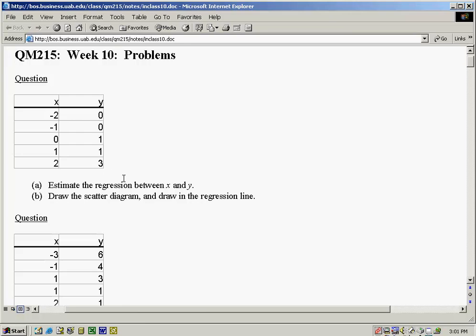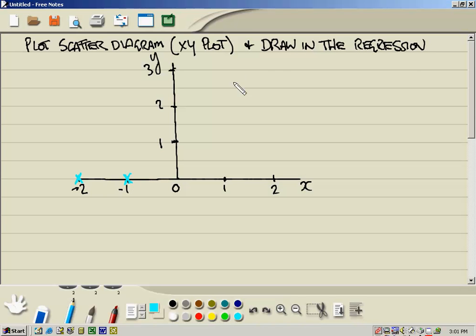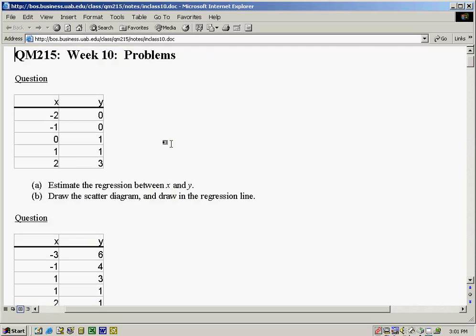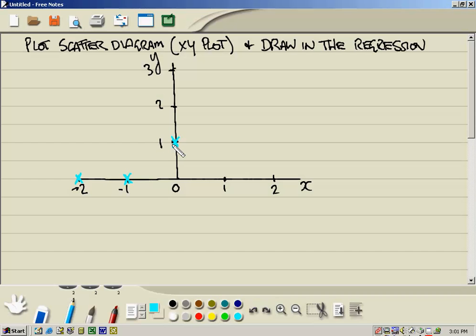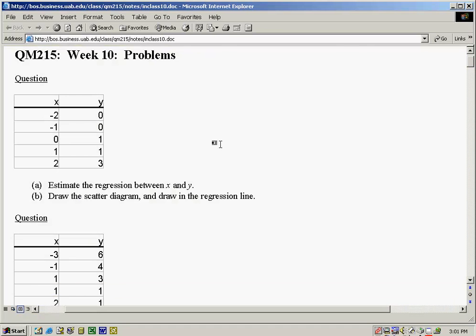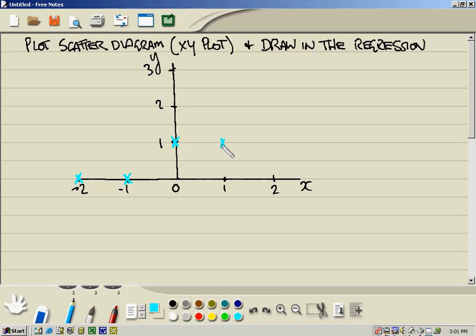Next point, 0 for x and 1 for y. Here. 1 and 1. X is 1, y is 1. And then finally 2 and 3. Alright, so this so far is our scatter diagram.